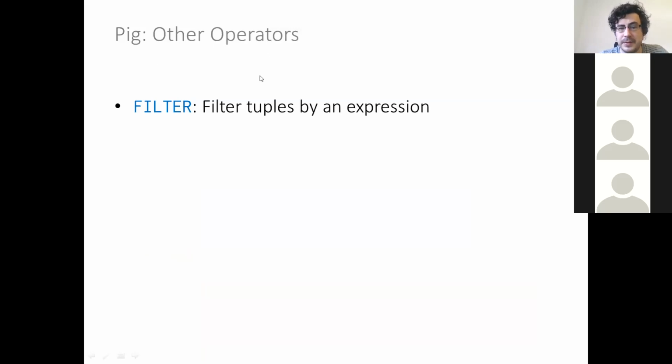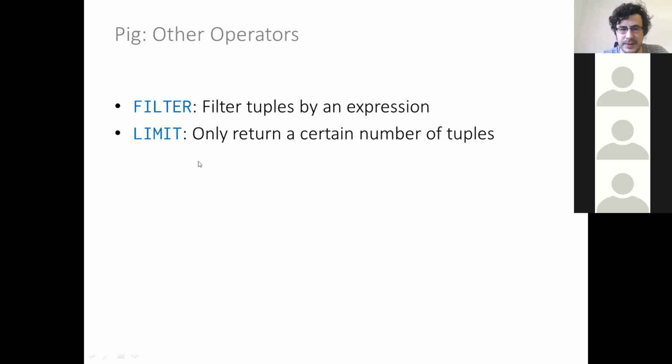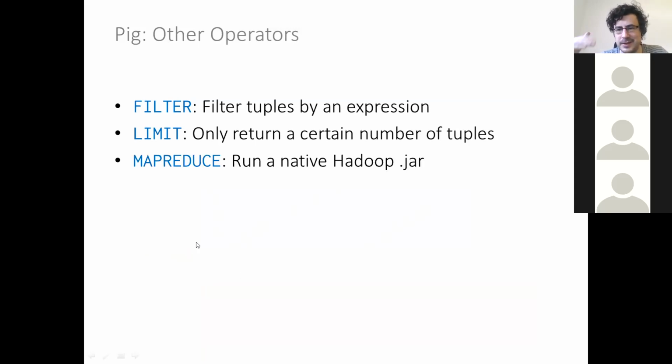So other operators, some of which we've seen in previous examples: we can filter tuples by an expression. We saw that earlier with price. We can return a certain number of tuples, so we can just apply a limit with some number to say take the first n tuples of the input relation. We can, if we wish, call a native jar in the middle of our script. So if there may be something that we've already coded in MapReduce and we just want to call it as part of our Pig script, we can do that.